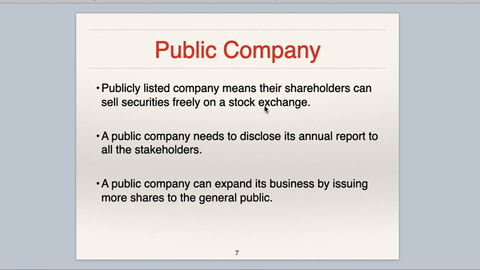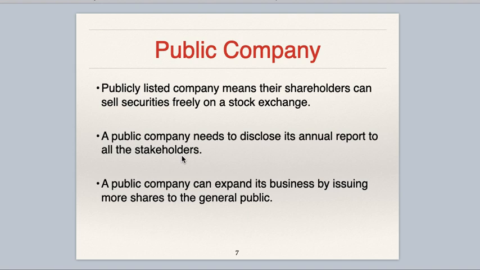Securities are shares. A public company needs to disclose its annual report to all stakeholders. Annual report is the financial statement, profit and loss account and balance sheet, along with the auditor's report, in which the auditor has expressed his opinion on the financial statements.